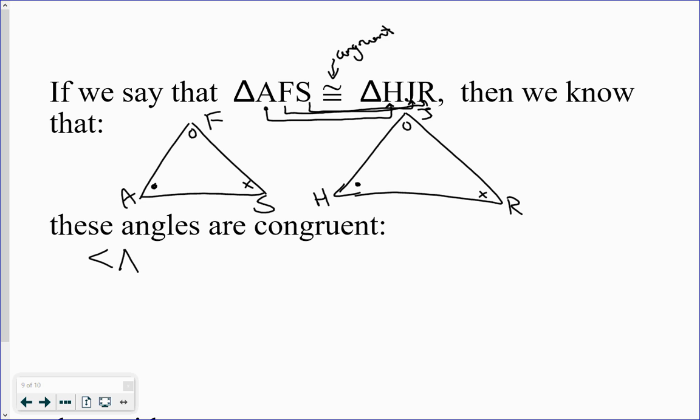Angle A is congruent to angle H. Angle F is congruent to angle J, and angle S is congruent to angle R.